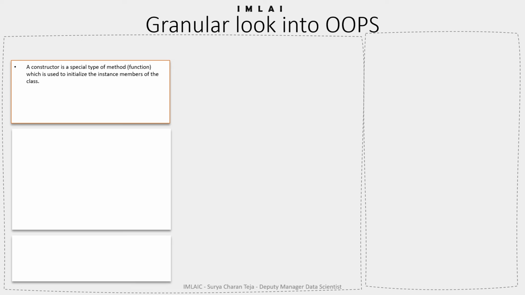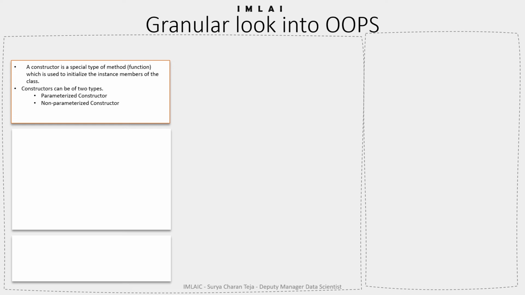Literally, it is a function which is written inside a class. What is the purpose of this constructor? Basically, we are creating instance attributes using this, but the main purpose is to initialize the instance members of the class. That's what instance attributes are.